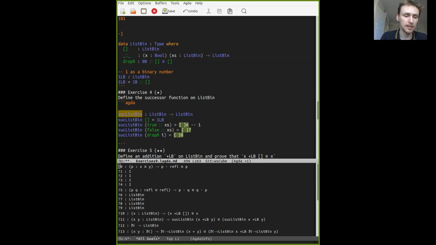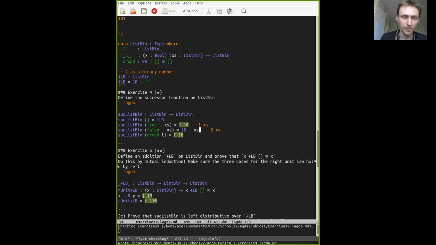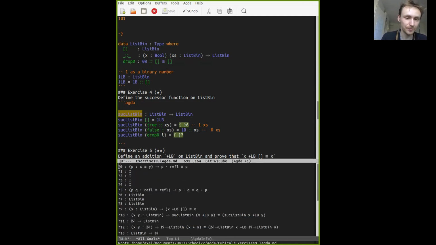Okay, so this case, for me at least, is the list 1 xs, and this is 0 xs. So 0 xs should obviously get mapped to 1 xs, so we're just adding 1 to the first position.